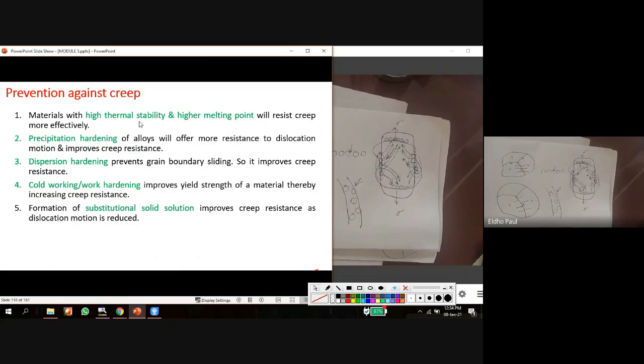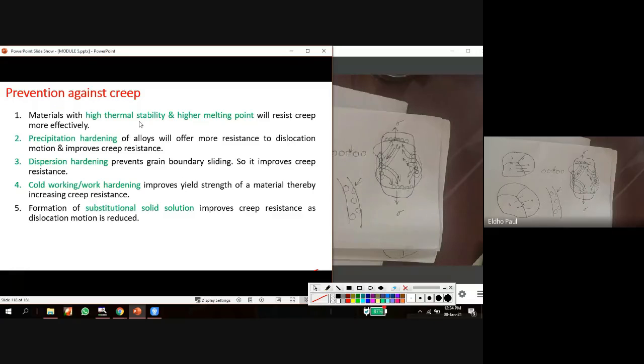For example, tungsten has a very high melting point, so even at room temperature it will not undergo any creep deformation. But a lead-tin alloy has a very low melting temperature, so even under room temperature it may be subject to creep deformation. So we have to select a material with high thermal stability.